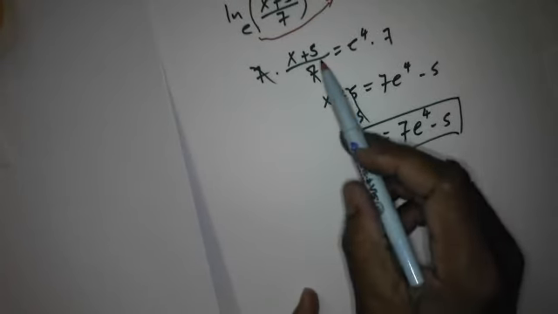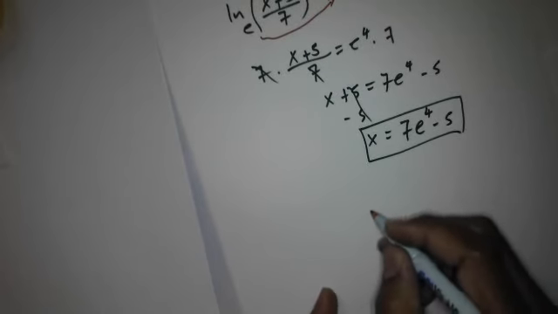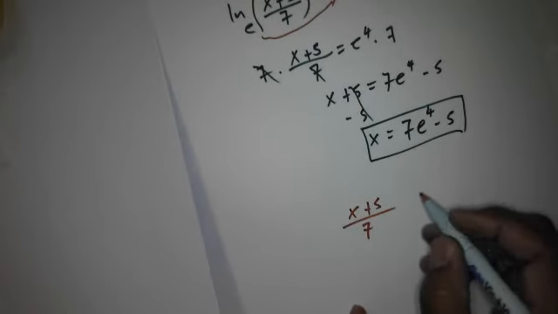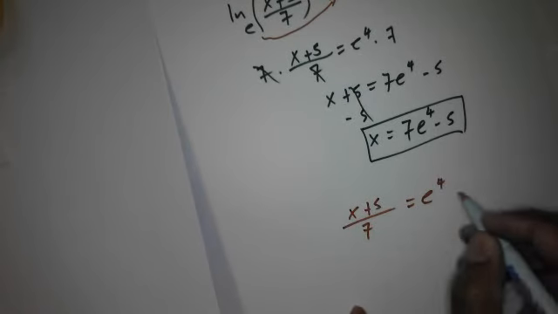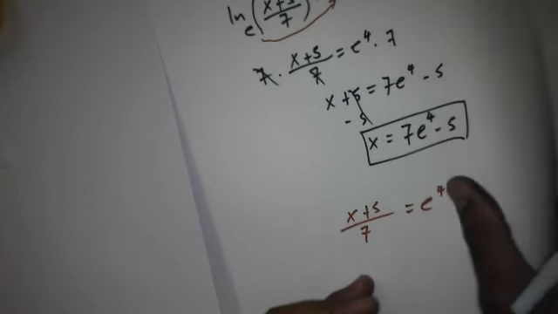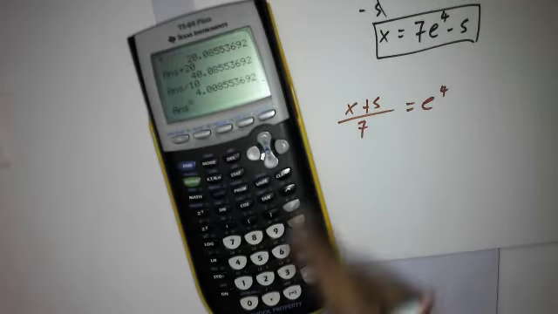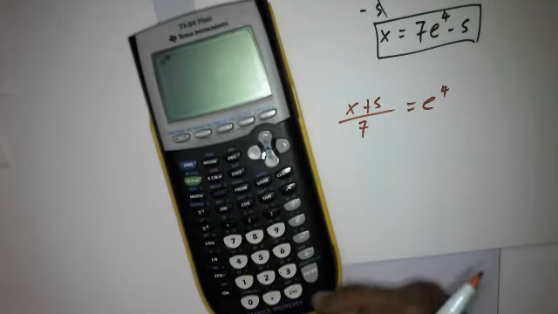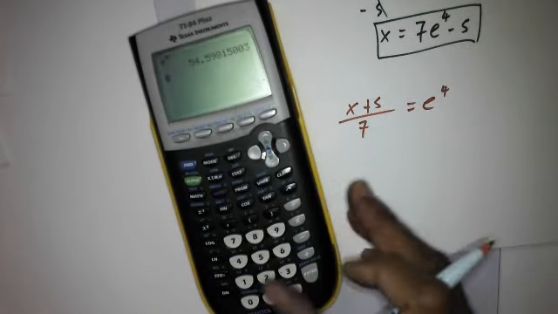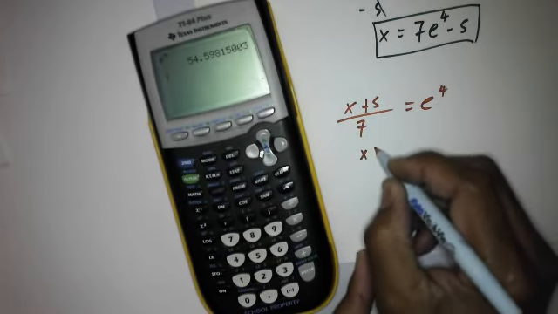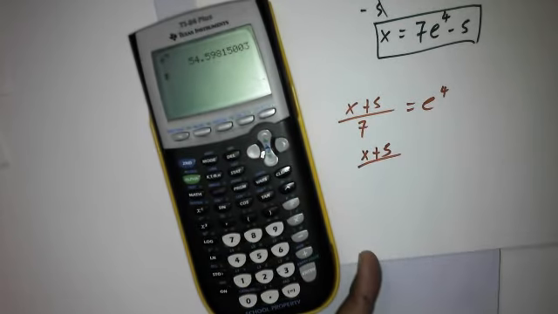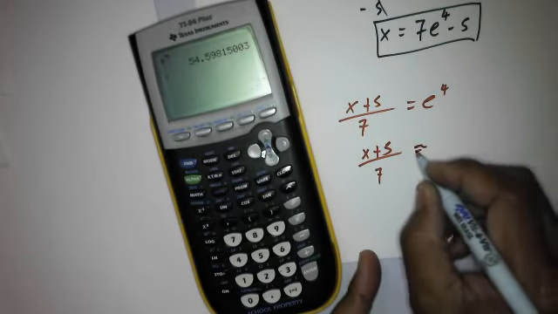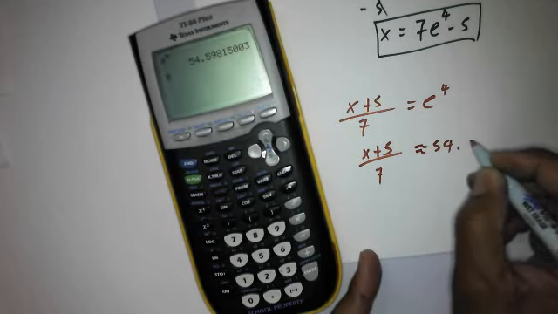We can pick it from right here. So it would be x plus 5 over 7 equals e to the 4. But again, remember e to the 4 is a number. So let's find what the value of e to the 4 is. So we hit second and the ln, that is e, and we got it to the 4, which would be x plus 5 over 7 equals approximately 54.6.